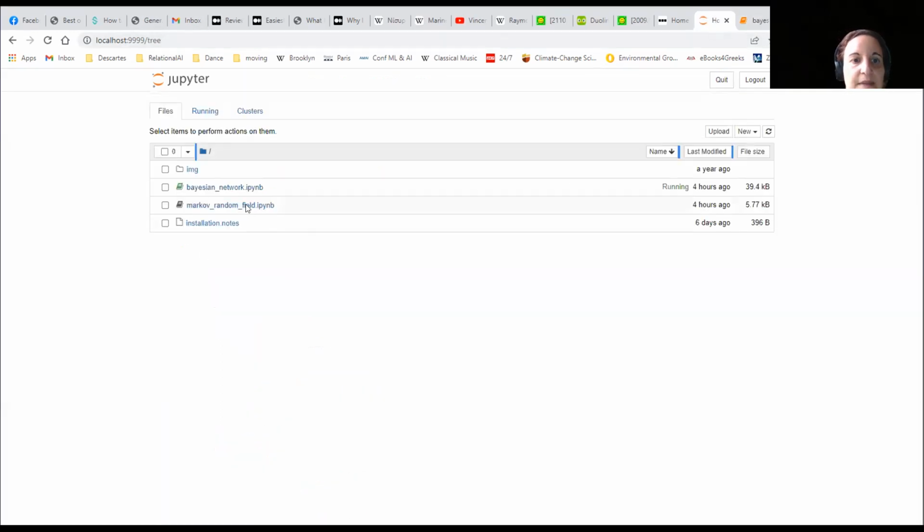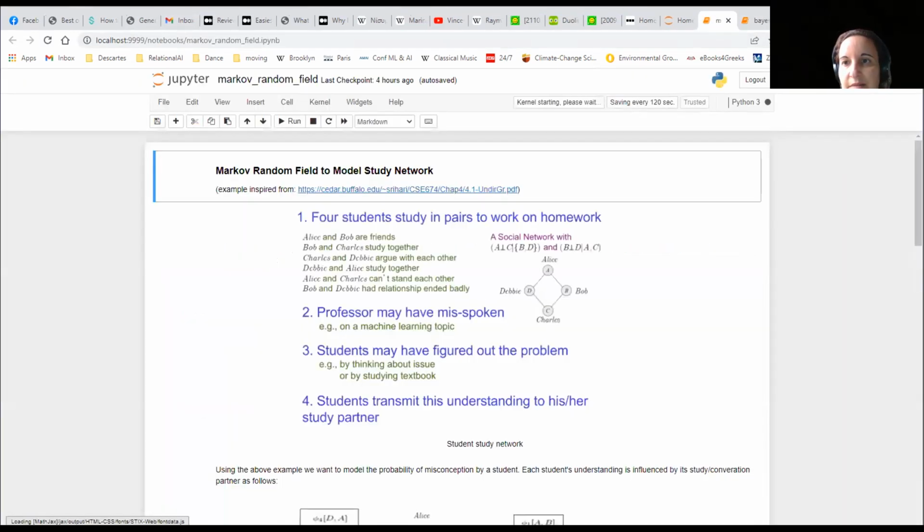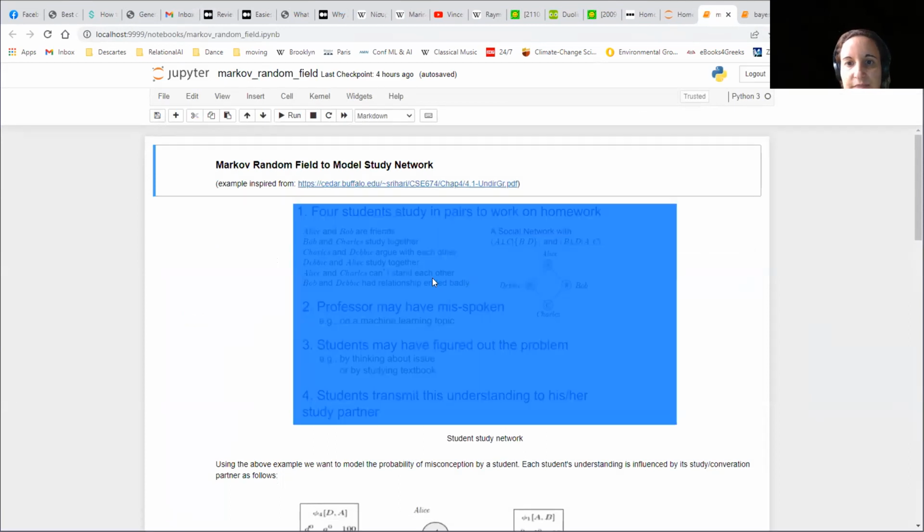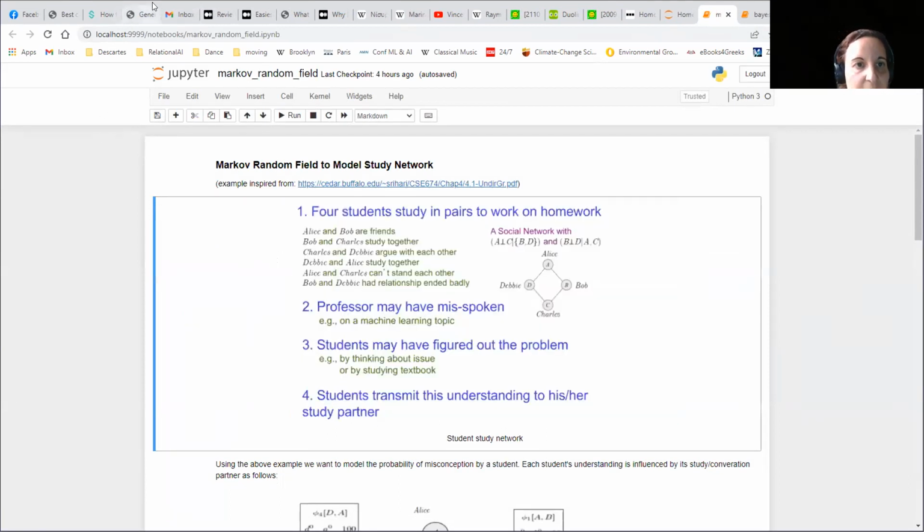Let's go here. Is that a similar example, but in this case, we're going to define a Markov random field, which is another way of saying a non-directed model.